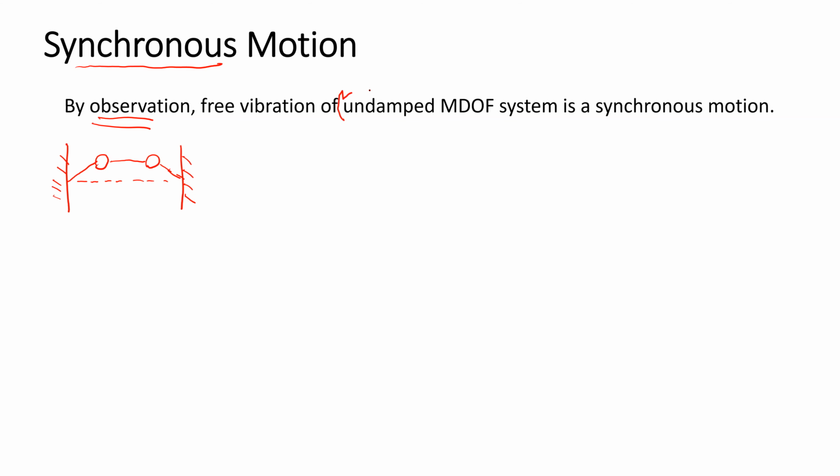If the system is an undamped system, the first phenomenon that we can see is that the masses M1 and M2 deviate from the equilibrium point here.